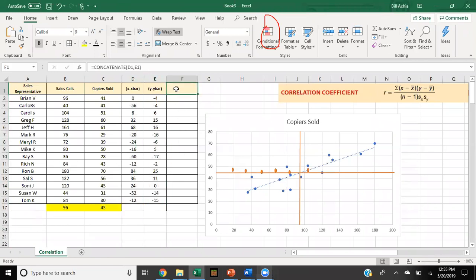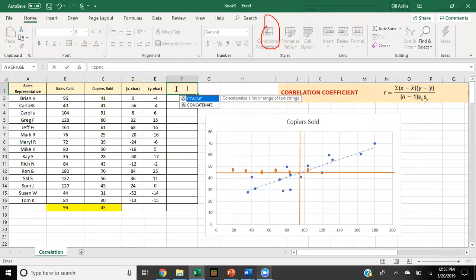And let me just use a concatenate. Concatenate, that's just being lazy trying to type that information. So I'll use this to type those two. Equals concatenate, x bar.